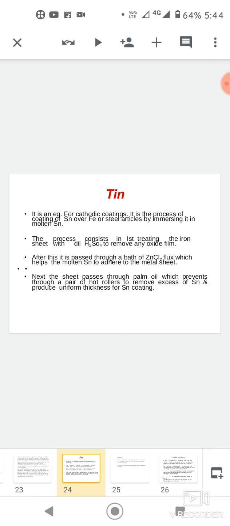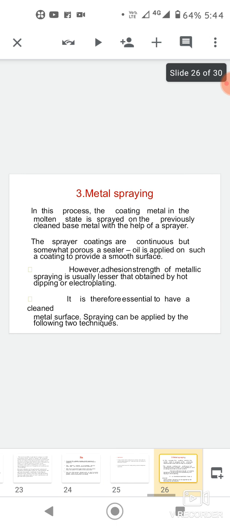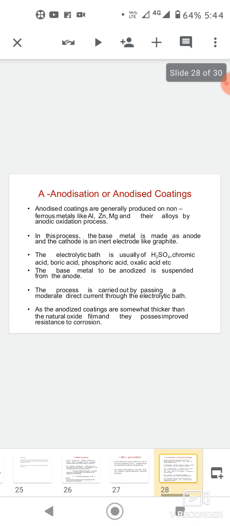The next topic is anodizing. Anodizing is the process of producing an oxide film on aluminum.